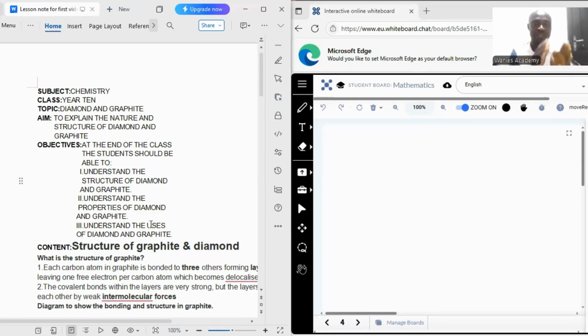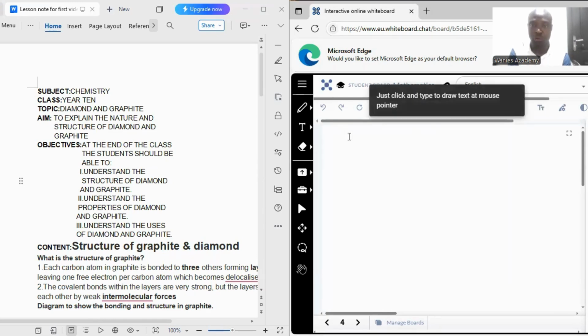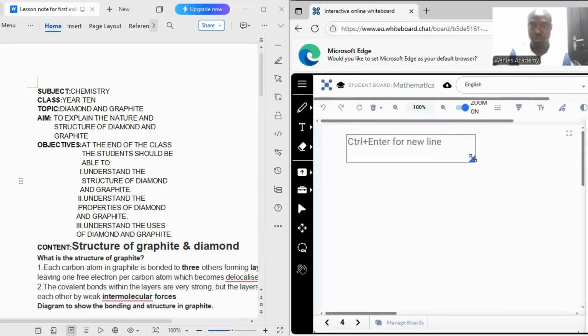This can clearly be explained by a phenomenon in chemistry we call allotropy. Now, the question then is, what is allotropy?